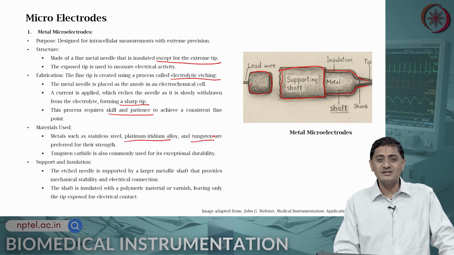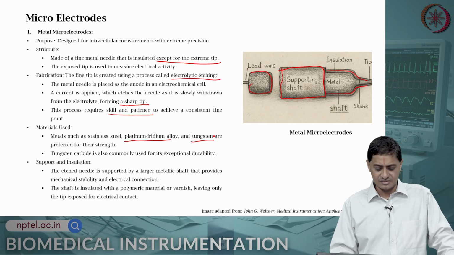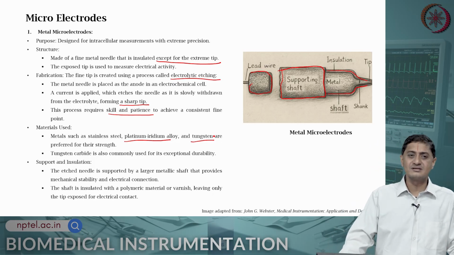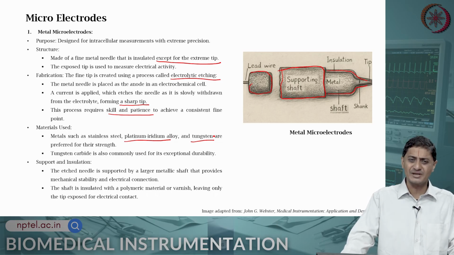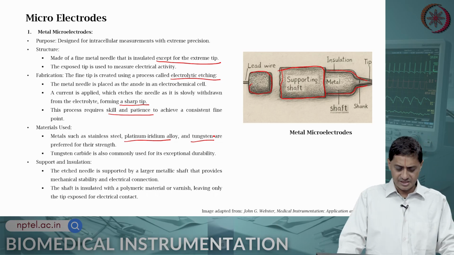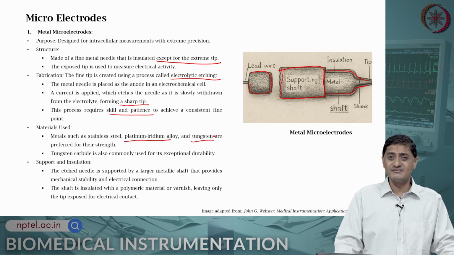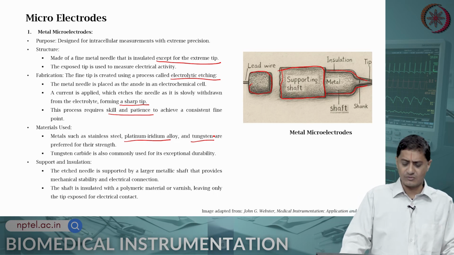Then you need to find a way to mechanically support this. Then this etched needle is supported by a large metallic shaft that provides mechanical stability, support and electrical connection. Then you are insulating it with some polymer material or varnish.